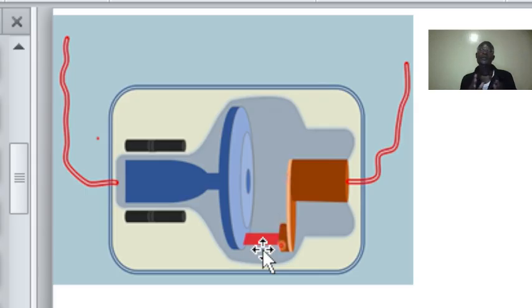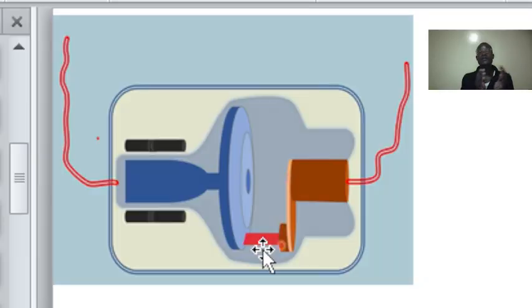When these two opposite charges move, it creates a kind of energy transfer. In other words, these electrons will be moving at some certain speed, and when they are in motion, we have kinetic energy, and that kinetic energy is what we are going to transform or convert into heat and X-rays.